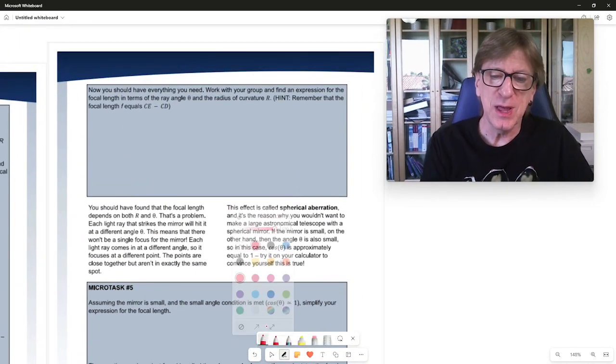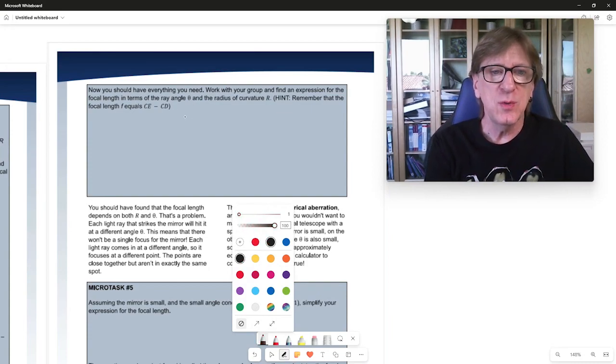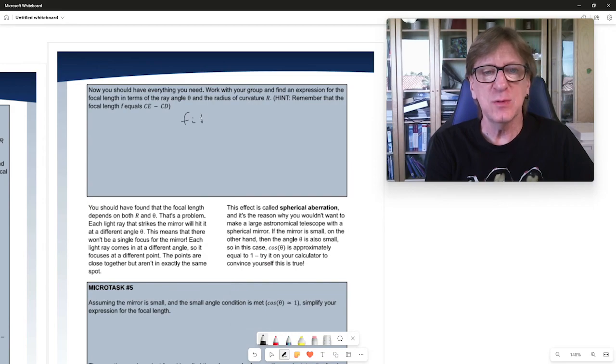Okay, so let's take that and let's find that expression. And we'll switch back to black for now. Okay, so we know that F is equal to R minus CD, and F is equal to, therefore, R minus R over 2 cosine theta.